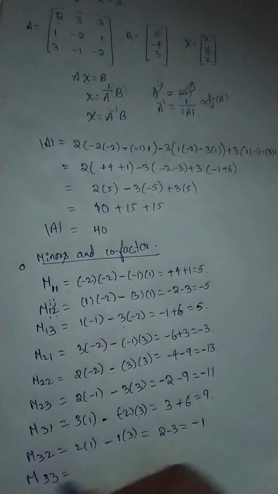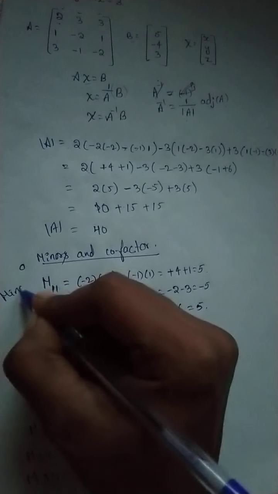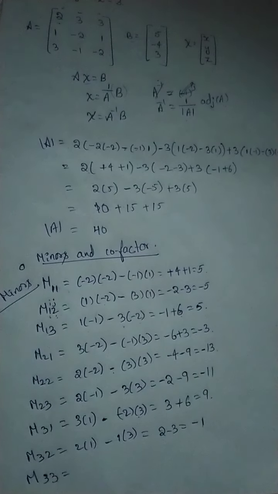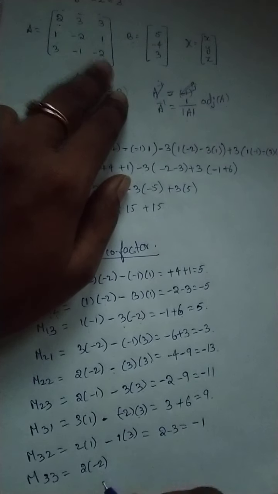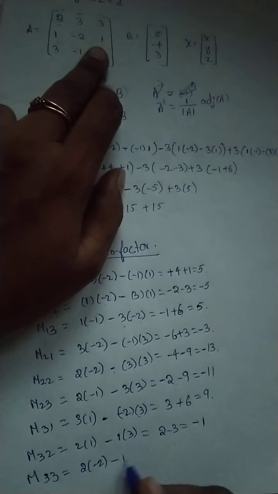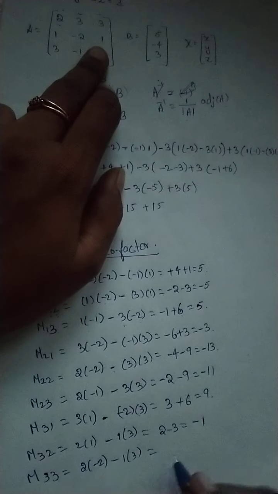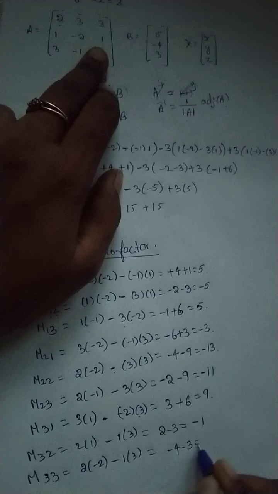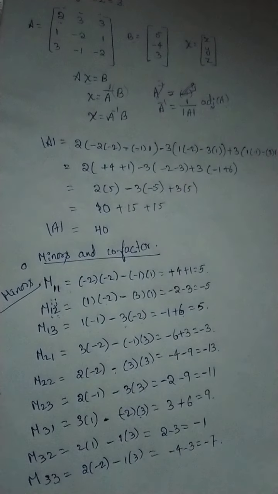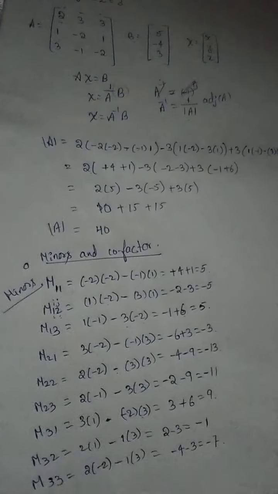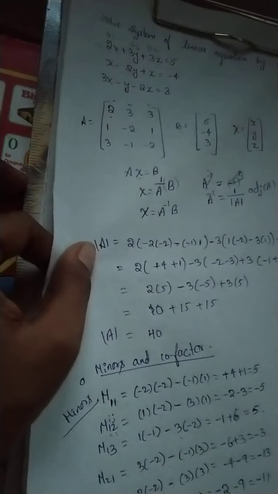So this capital M is a minor value. Okay, we have to calculate the cofactor set. So M33, 2 into minus 2 minus of 1 into 3. So that is minus 4 minus 3, that is minus 7. So these are all our minor values. Okay, now we have calculated the minor values.